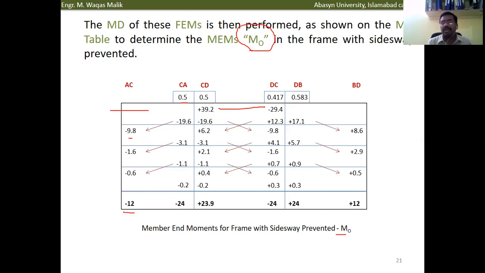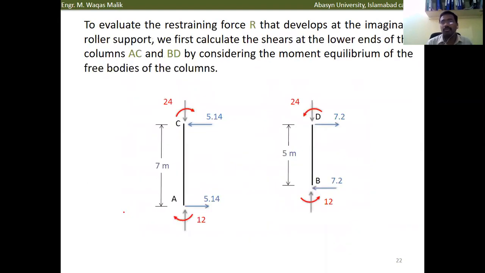So that is the first part, in which we found the values of the member end moments while preventing the side sway by providing a roller support. To find the restraining force R, or the reaction of the roller support, we are going to find the values of the shears in the frame.